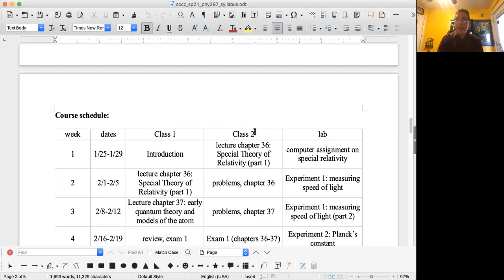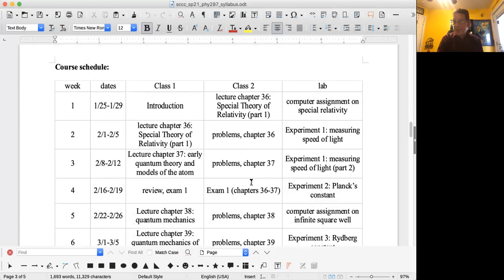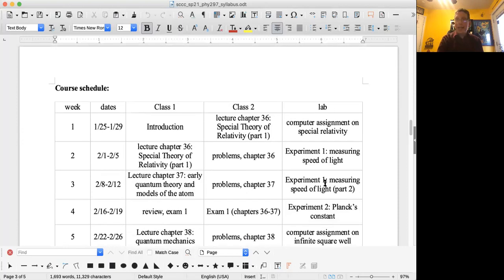Class 2 will be Wednesday, and with the exception of this Wednesday, every other meeting will be synchronous. And then the lab class, whether it's in person or a synchronous computer assignment, that'll be at a specific time.